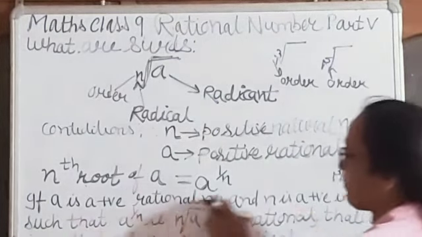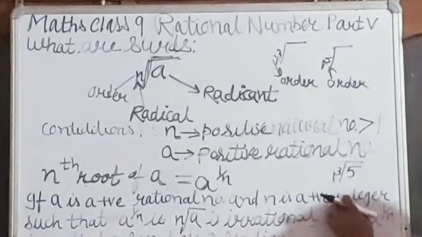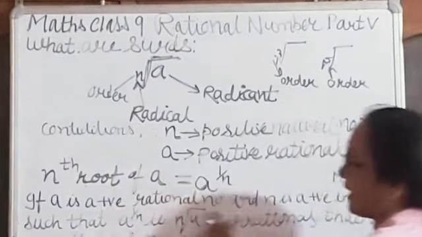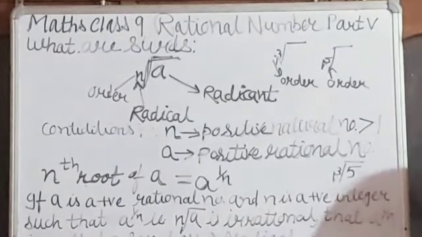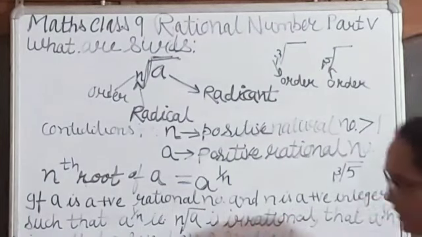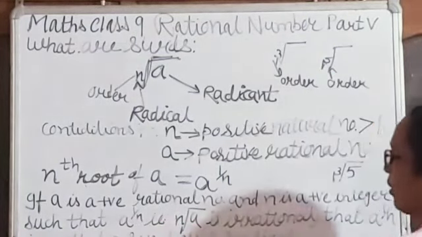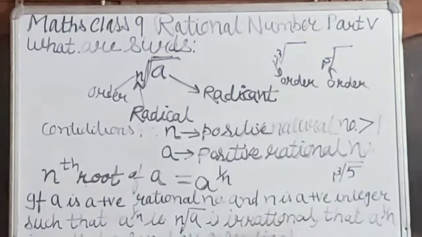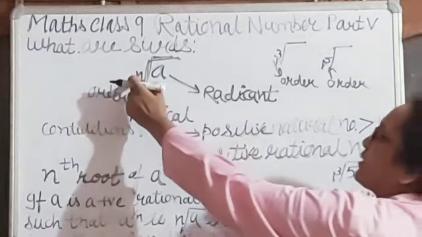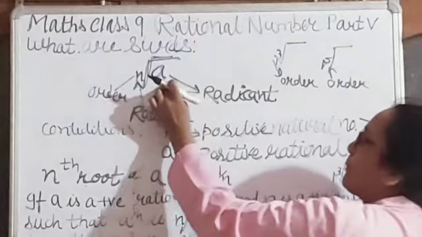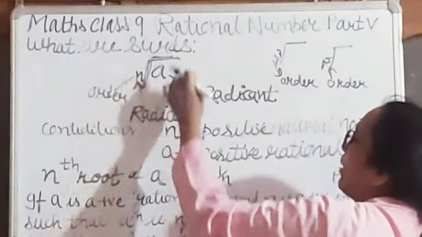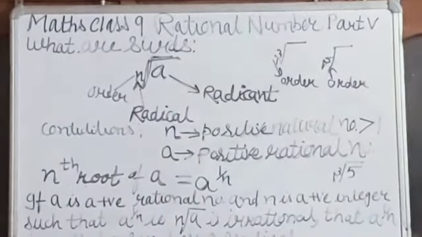So if a is a positive rational number and n is a positive integer such that a to the power 1 upon n, the nth root of a, is irrational, then a to the power 1 upon n is called a surd or a radical. So what are the conditions for a surd? n should be a positive natural number greater than 1, a should be a positive rational number, and the value is always an irrational number.